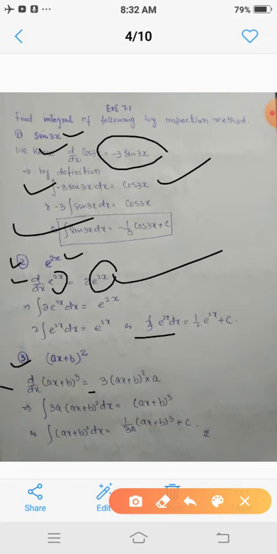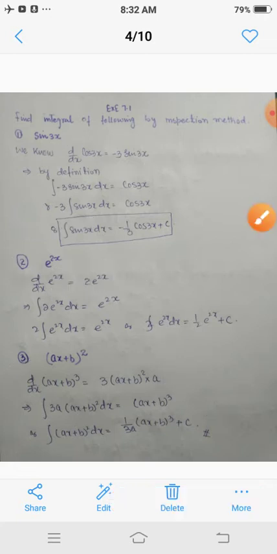Here 3 is a constant, and a is a constant. This means that by definition, the integral of (ax plus b) whole square dx is 1 upon 3a (ax plus b) whole cube plus c. This means that it is an indefinite integral of this function.